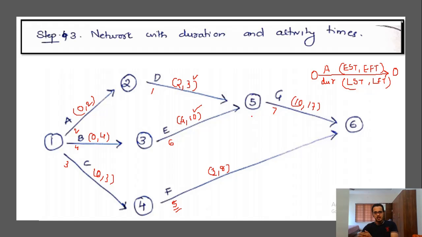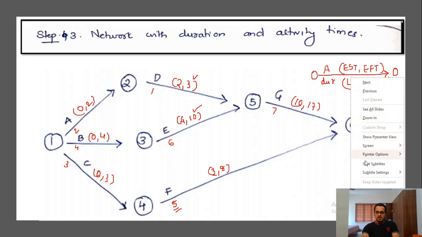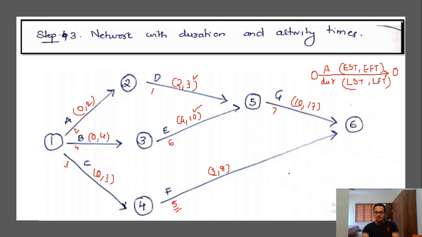After getting all the values, we'll have to go back from the sixth event to the first event. First we start with 17 and next will be 10.